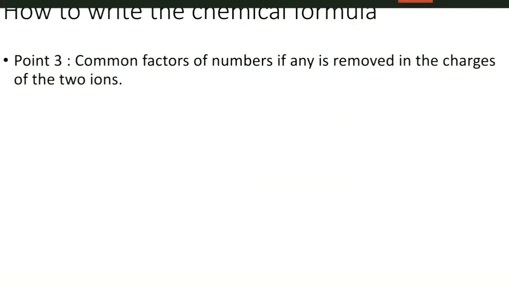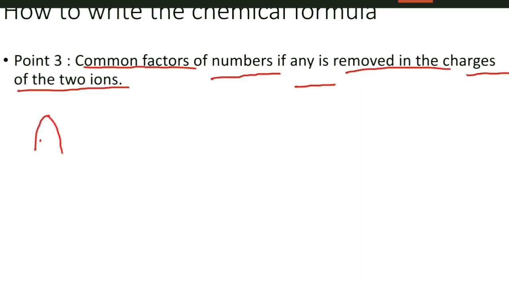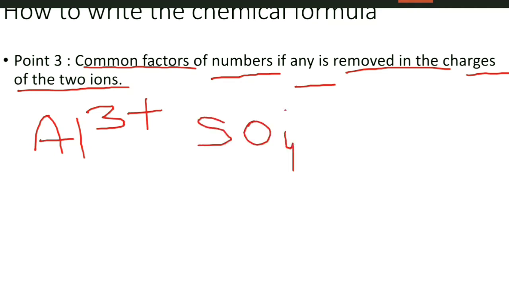Next point, that is point number 3. Common factors of numbers, if any, are removed in the charges of the two ions. If we take an example, then we will understand it. Take the previous example, Al3+ and SO4 2-.